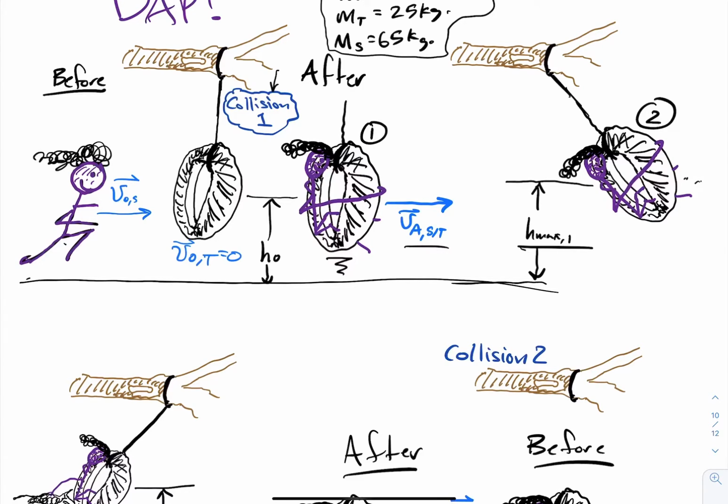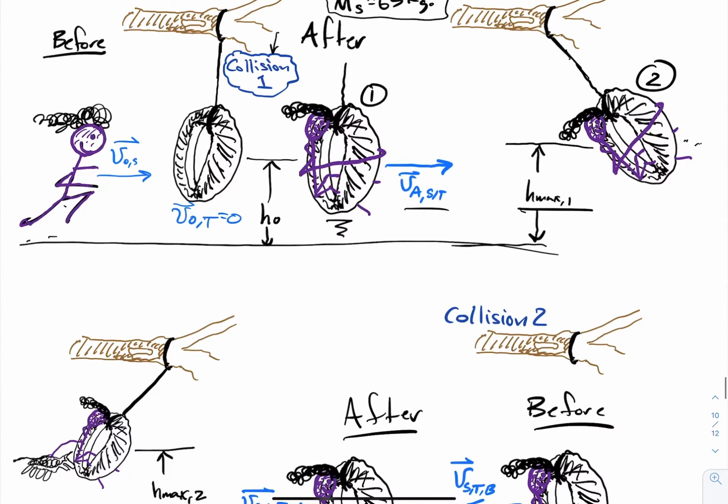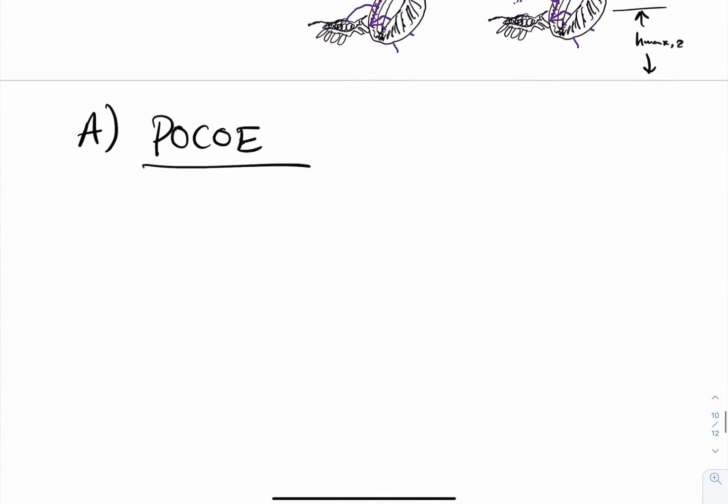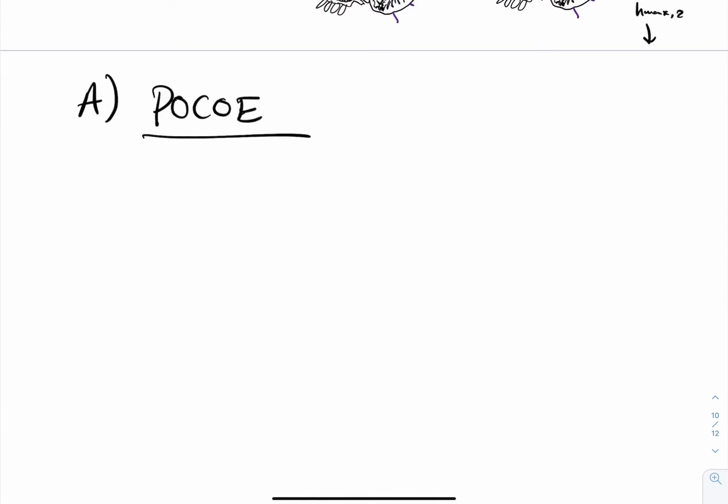So notice we're not really starting with before the collision. We're worried about after the collision because it's the Smoot tire swing system that gets up to our first max height. I'm sure we'll need this part, but just not yet. I'm letting the problem guide us. So we know we need max height, and so we'll use POCOE on the Smoot tire swing system after collision 1.